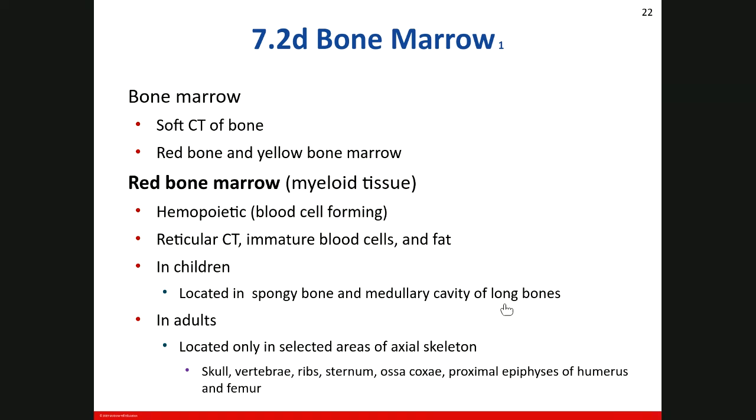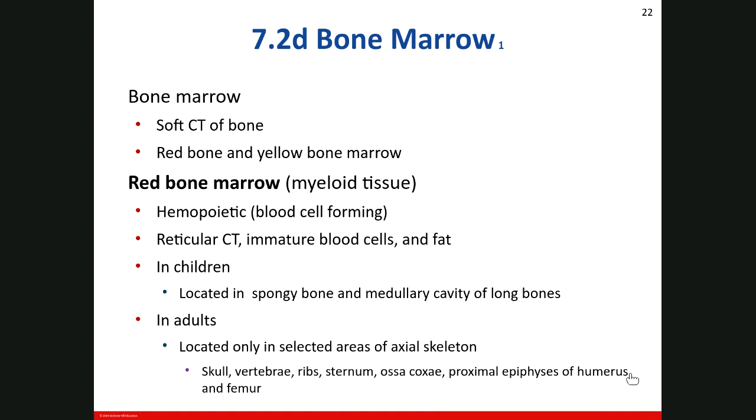But in adults, it's located only in selected areas in our axial skeleton, like the skull, the vertebrae, the ribs, sternum, os coxae or hip bone, and proximal epiphysis of humerus and femur, and I will show you in the next picture. So look at here.